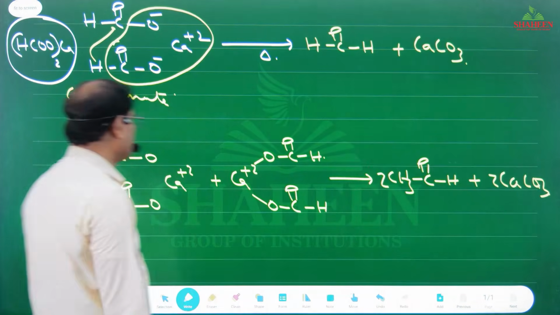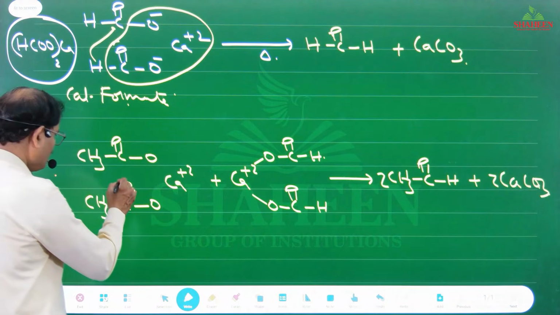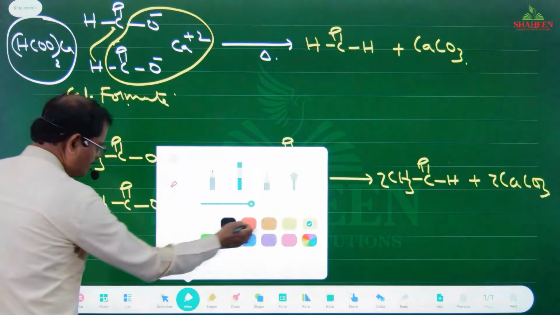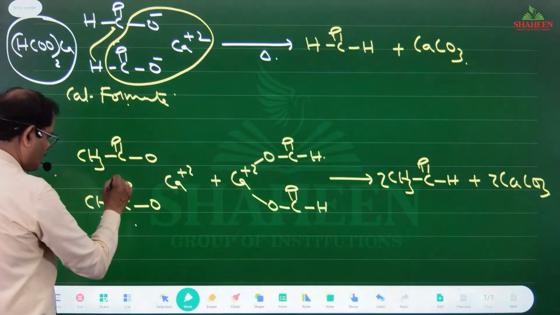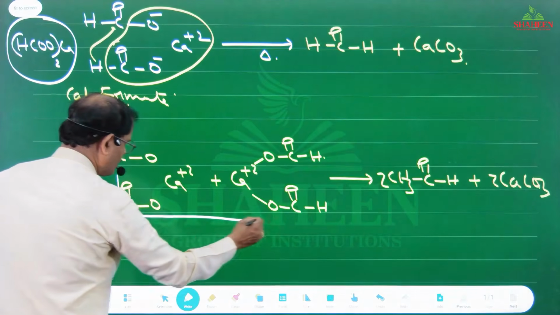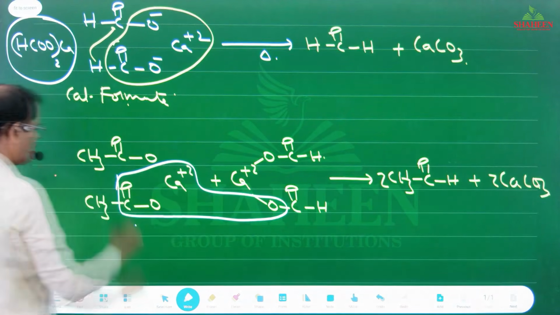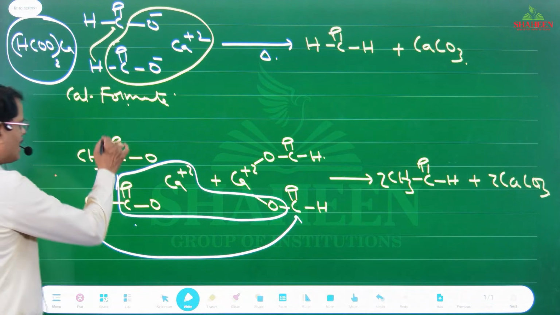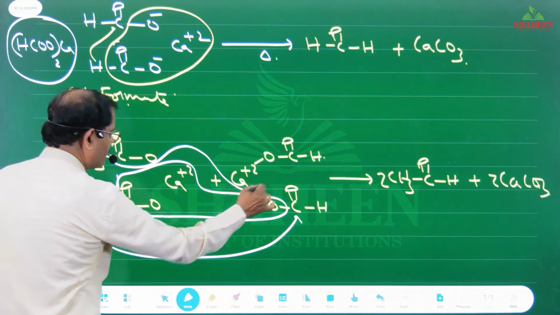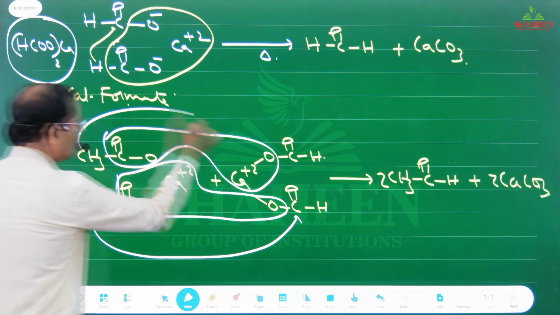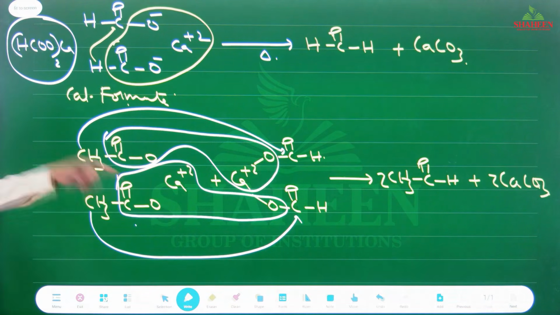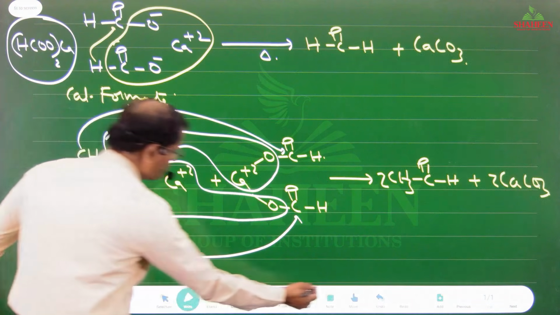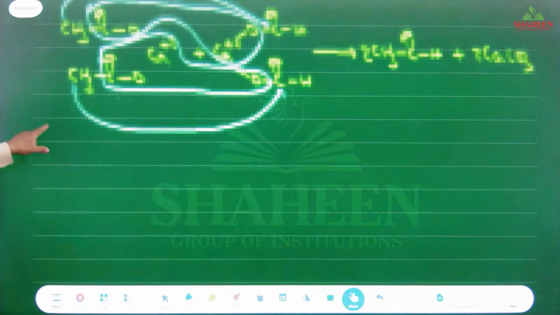How? See here: this methyl group is shifted onto this carbon. And here also, in this way, this methyl group is shifted onto this carbon. That is why we have acetaldehyde and also calcium carbonate.